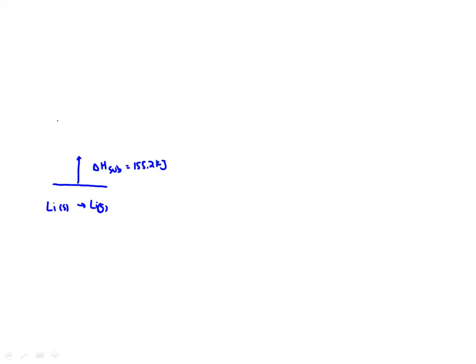The hard part about this is it's just simply hard to write all of this in a nice, neat way. Actually, I'm going to start all over. I'm going to write it off to the side. So I've got, oh, I see how I did it. I wrote it kind of as the lines. So I've got lithium solid going to lithium gas. That's delta H of sublimation.